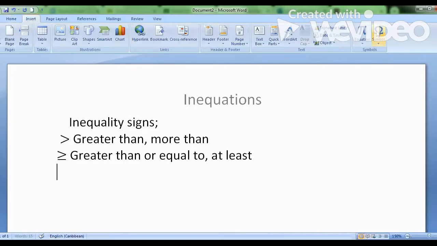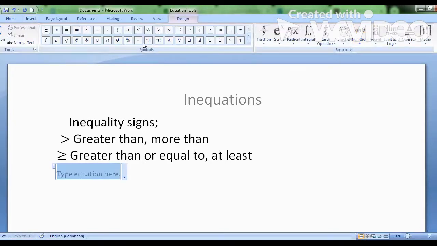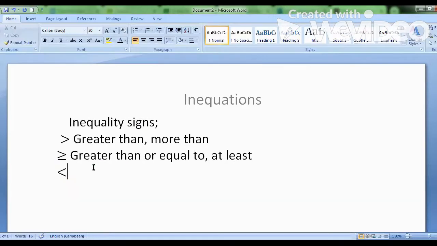And then we have two more. This one is what? Less than. Or you could say fewer than.